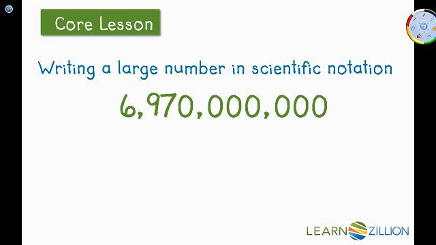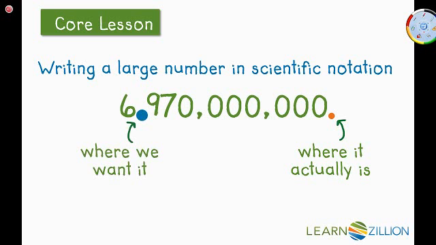So writing our large number in scientific notation, here it is. We have 6,970,000,000, and we want to write this in scientific notation. So first, we need to figure out where the decimal is. Well, it's right there at the end. It's invisible in this case. It's not really there, but we can consider it there, and we need to move it.